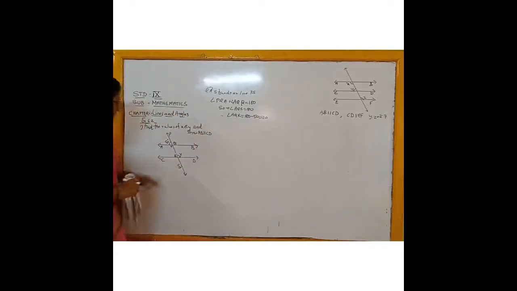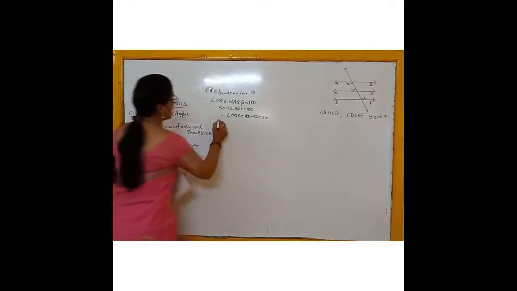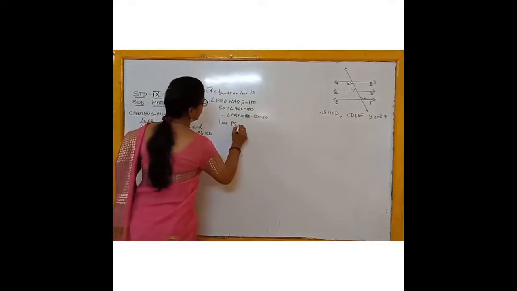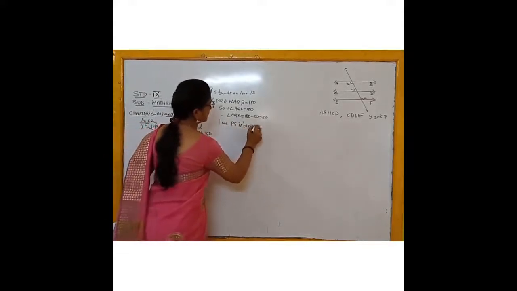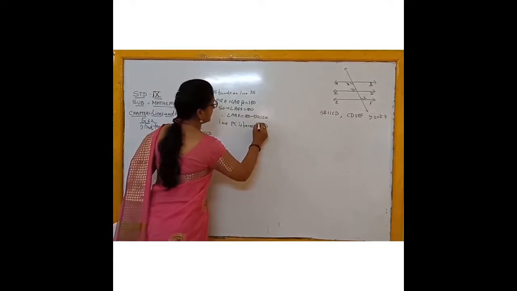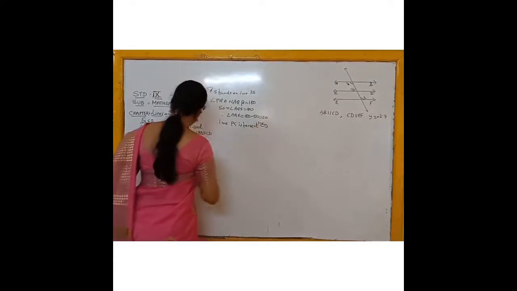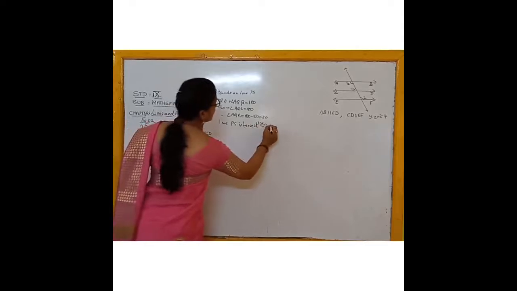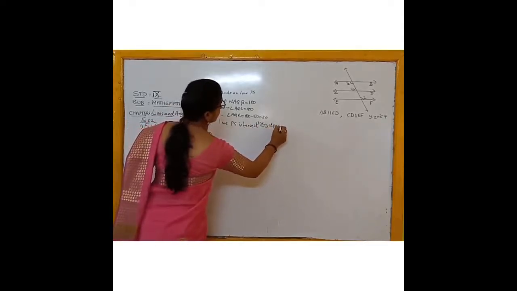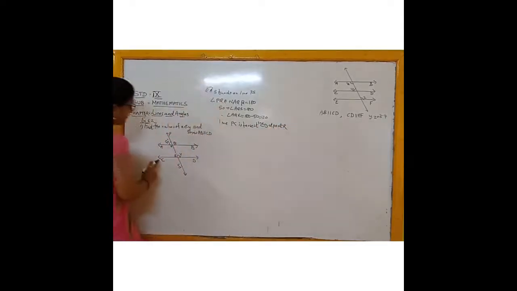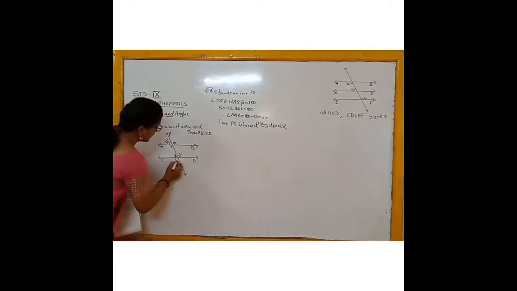Now what is next? We got the value of x. Now we have to find out the value of y. For that we will consider that this line PS intersects CD. The line PS intersects line CD at point R. Therefore, the measure of this angle is also given.